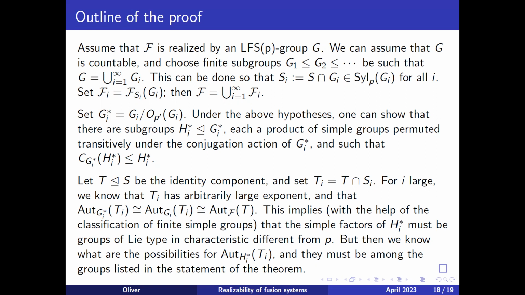And you show that G sub i star has to contain a product of simple groups, and that there are no simple groups with the right automizers, automorphism groups. Unfortunately, this gets nowhere towards doing that.